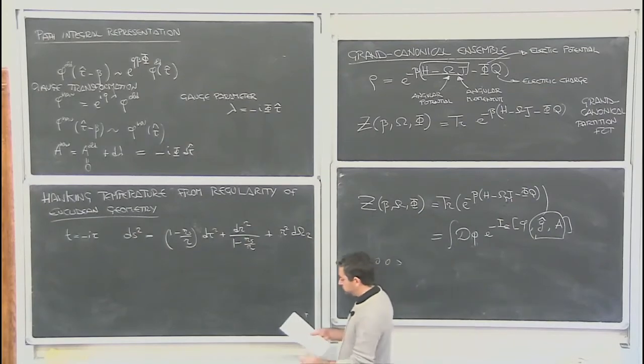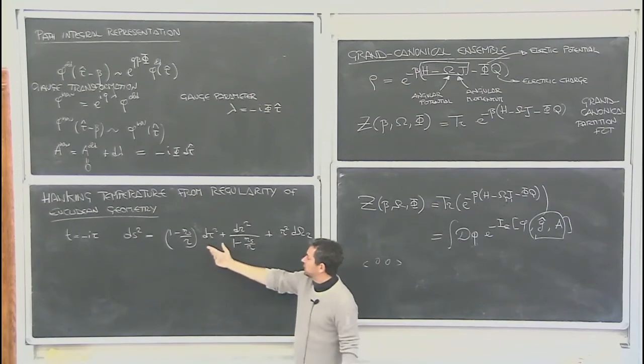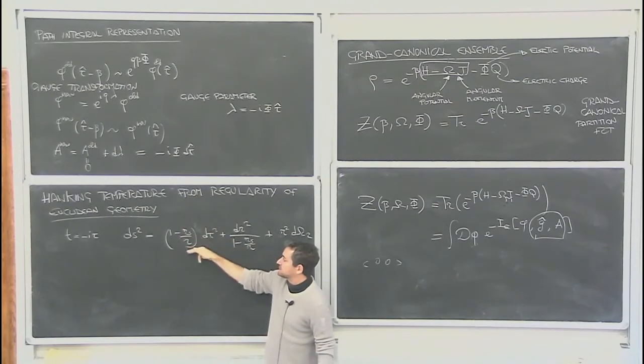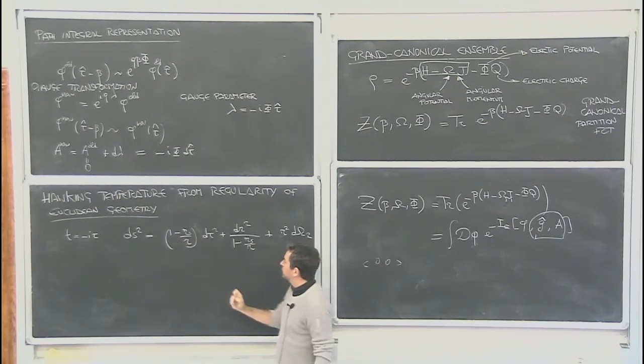And now let's see what this is. Let's take first large R. At large R, this part that depends on R is irrelevant because it becomes very small compared to 1.